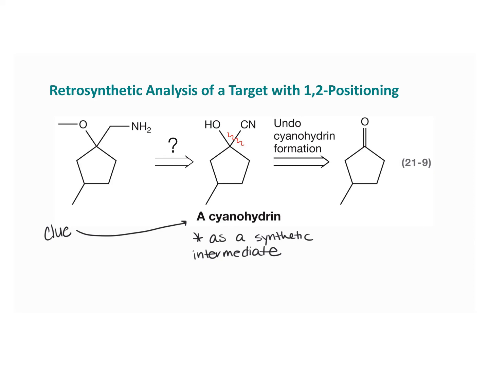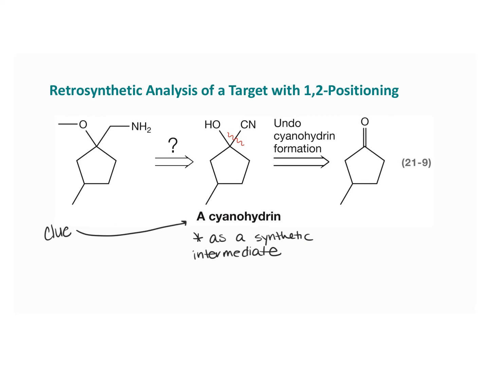And so when we look at this retrosynthetic analysis, what you can see here is the cyanohydrin leads to that 1-2 positioning, and we can undo a cyanohydrin formation. So we need to solve the conversion of the cyanohydrin into the target, okay?